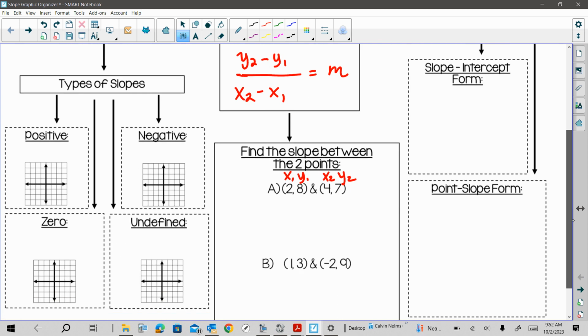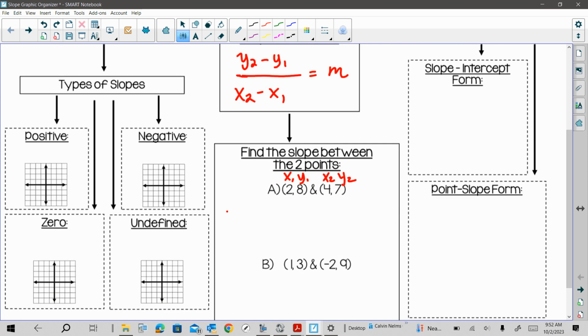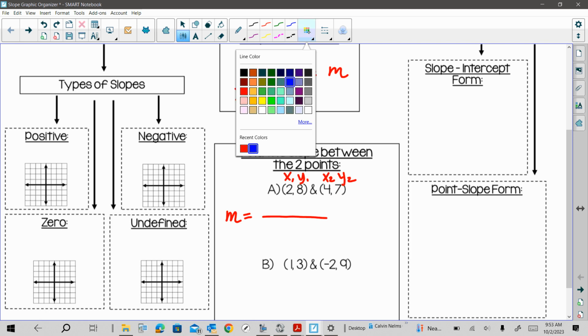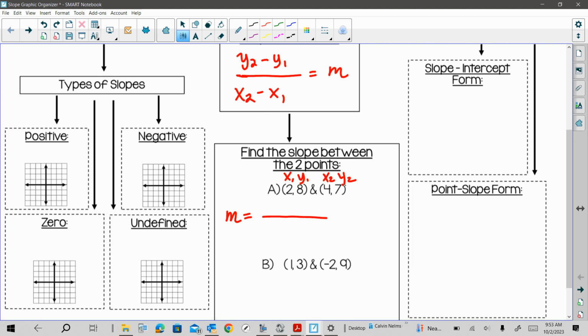Okay, so what I want to see is just plugging into the formula. So m is the formula for slope. On the top part of our fraction or ratio is the y2 minus y1. The value of y2 is this 7. The value of y1 is 8. So that's 7 minus 8 on the top.